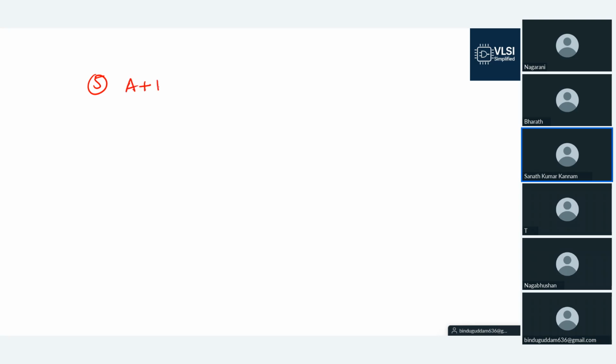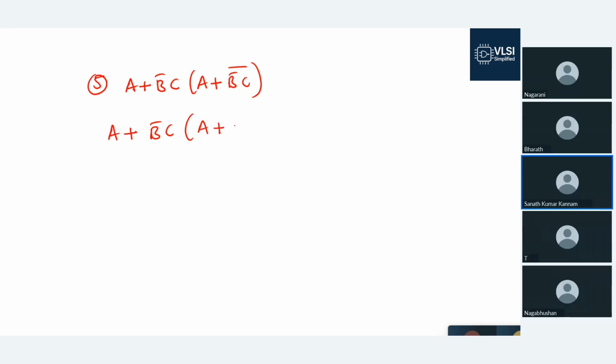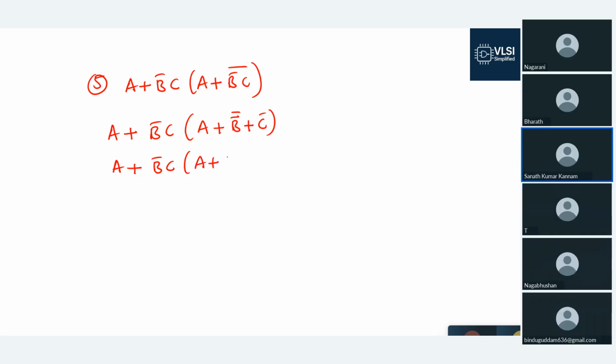A or B bar C, A or B bar C whole bar. Okay, so how to do? Apply De Morgan's law. What you are getting: B bar whole bar or C bar. So A or B bar C is A or B or C bar.